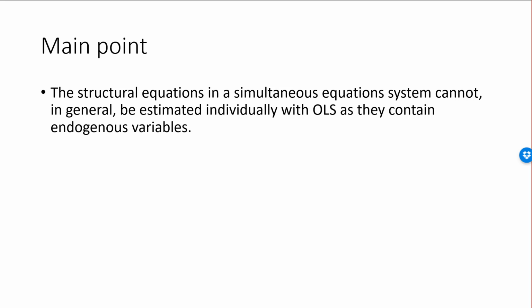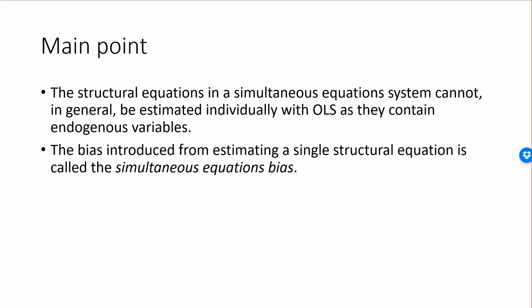This is such a common issue that it has been given a name. This bias introduced from simultaneous equations is called the simultaneous equation bias. Estimating a single equation that's part of a system will introduce this simultaneous equation bias.